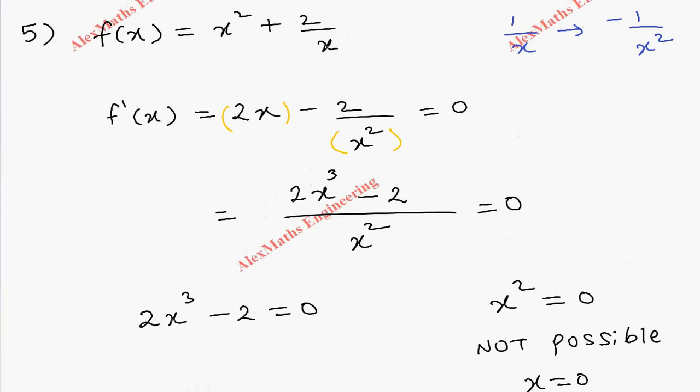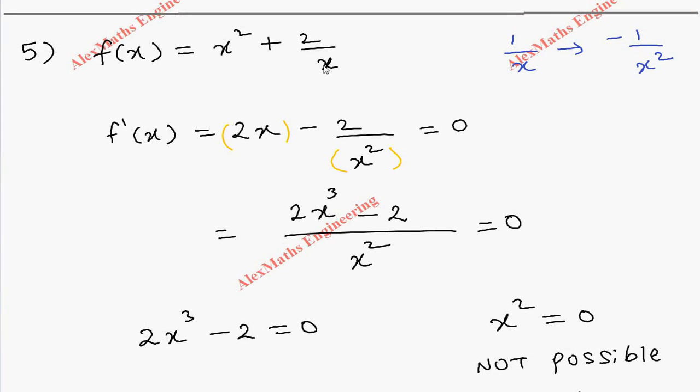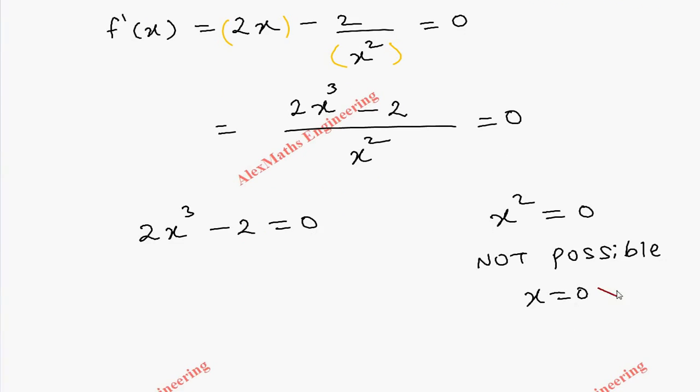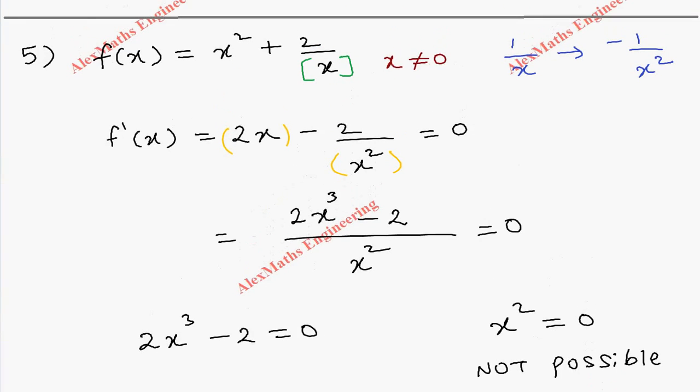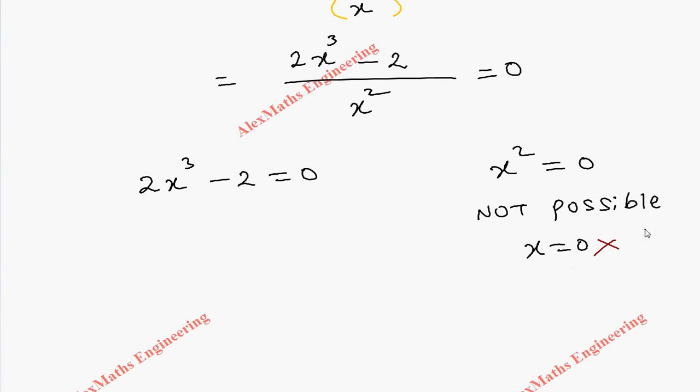But in the question f of x, we have x in the denominator. So the function having x term in the denominator, surely x cannot be equal to 0, otherwise this function itself does not exist. So this value is rejected, because already from the question it is understood that x is not equal to 0. But here we are getting x is 0, but this is not possible.